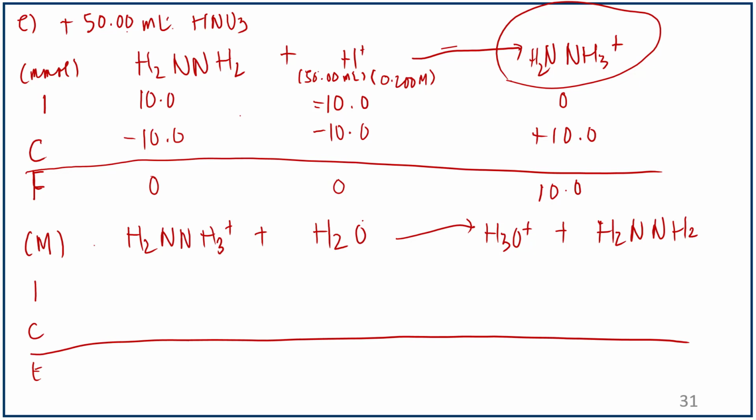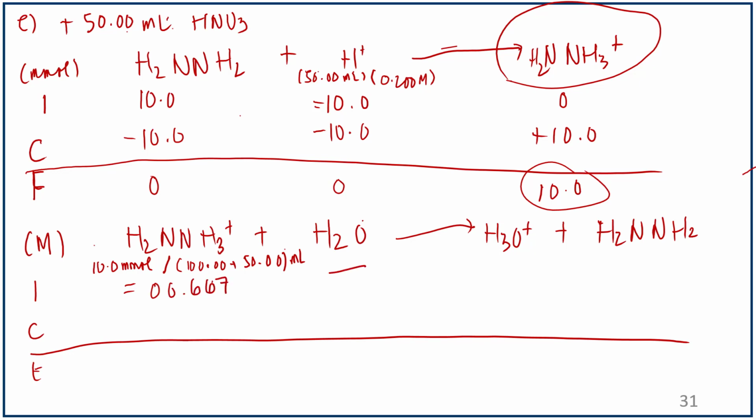Now the concentration here of hydrazonium should be 10.0 millimoles divided by the total volume of the solution, this time 100 ml, from what used to be hydrazine plus 50.00 ml. It's the total volume now. And this will be equal to 0.0667.